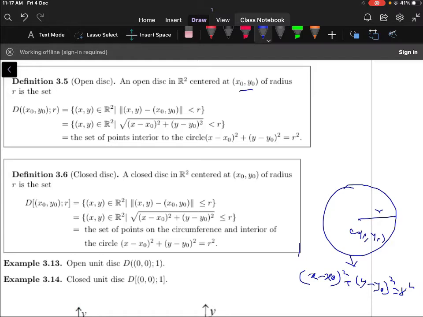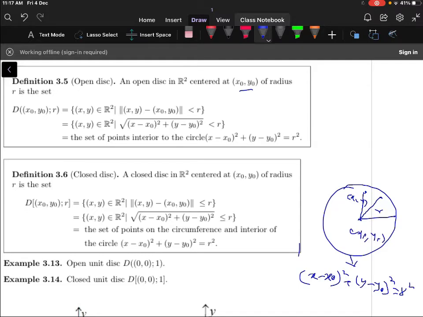Suppose for example, if I take a point here x comma y, the distance from x comma y to x0 comma y0 is always less than r. Yes, it is a point of the open disk. Suppose if I consider another point here, the distance from this point to the center of the circle is always less than r.